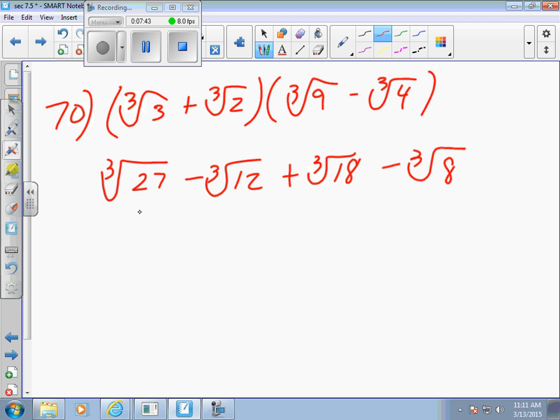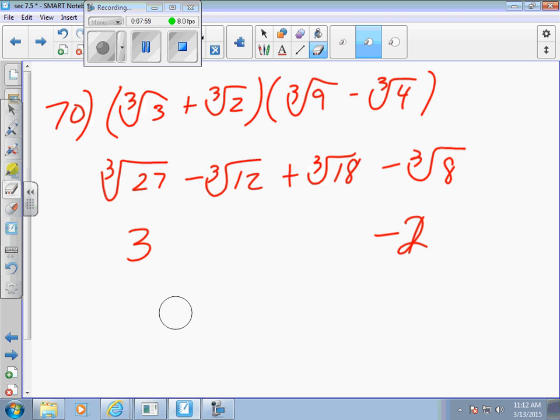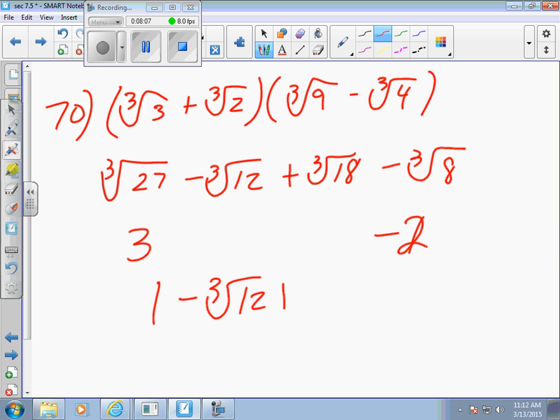There's a few things that we can simplify here. The cube root of 27 is 3. The cube root of 8 is 2, with a minus sign in front of it. So we can simplify those to a 1. And then these two, because they're different radical parts, we cannot put them together. So I just bring them down.